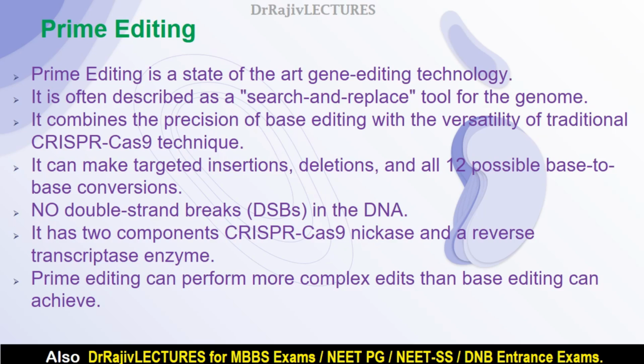Prime editing uses a modified CRISPR-Cas9 nickase and a reverse transcriptase enzyme to directly write new genetic information into the DNA. It is suitable for a wide range of genetic corrections, including those that require more complex edits than base editing can achieve.